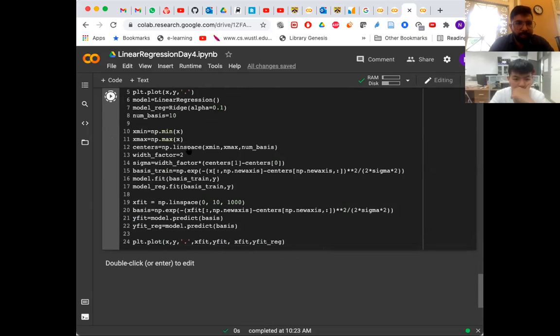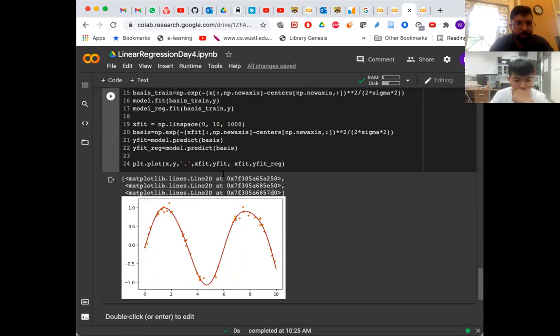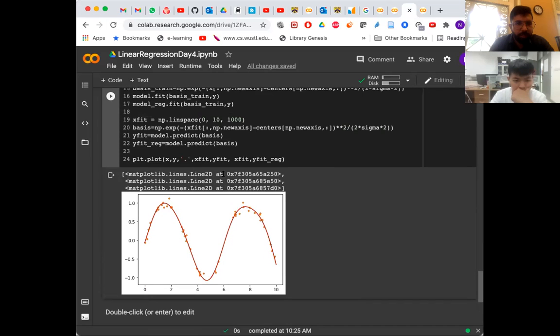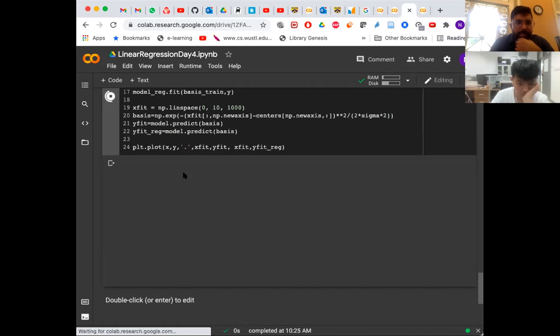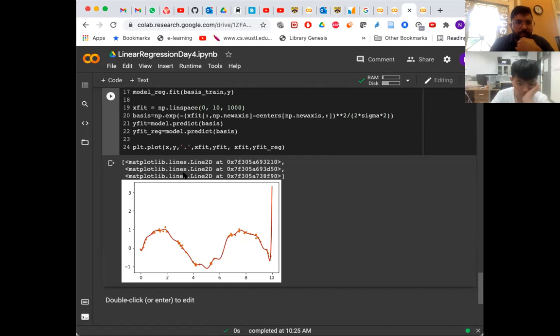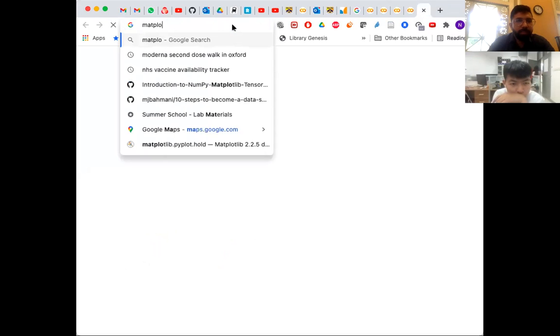Okay, let's run it. Let's see what happens. Okay, this has to be 30. Okay, this is not model. This is model_regularized. Okay, so now let me try to set the y limit such that you can see it a little better.